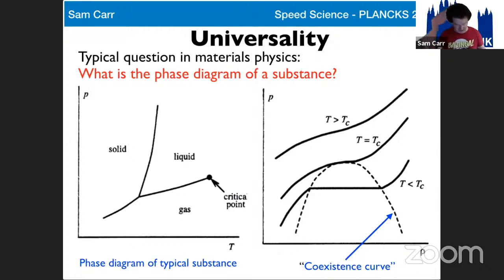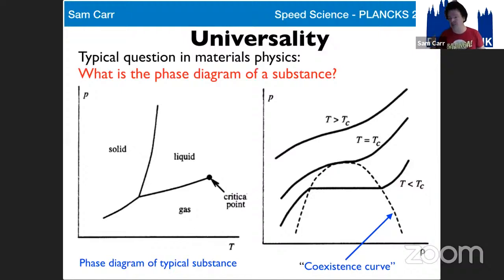If you're beyond the critical point, at a temperature greater than the critical point, you vary the pressure, density varies continuously. Exactly at the critical point, there's an inflection point, and below the critical temperature, you can go from a gas to a liquid. And when you do that, there's a first order phase transition, so there's a jump in the density as you go through this.